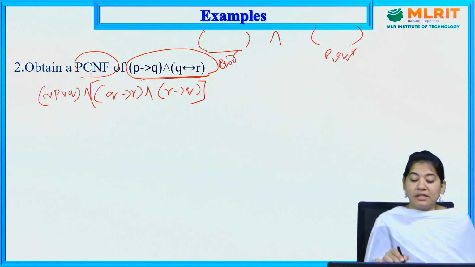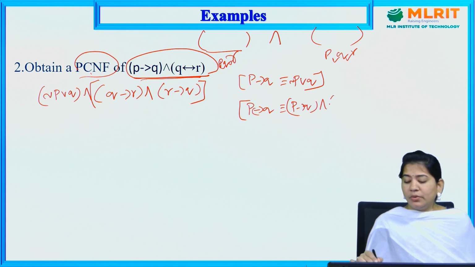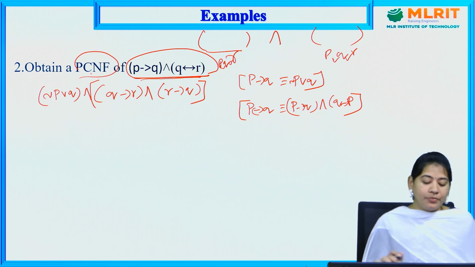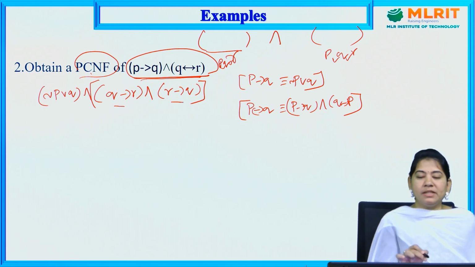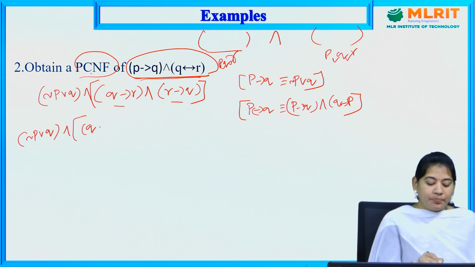One is P implies Q is equivalent to negation P or Q, and another standard formula, P bi-implies Q is equivalent to P implies Q and Q implies P. Two standard formulas we have applied here. Now, again Q bi-implies R gives Q implies R and R implies Q. Just apply the standard formula again, you will get negation Q or R, and negation R or Q.